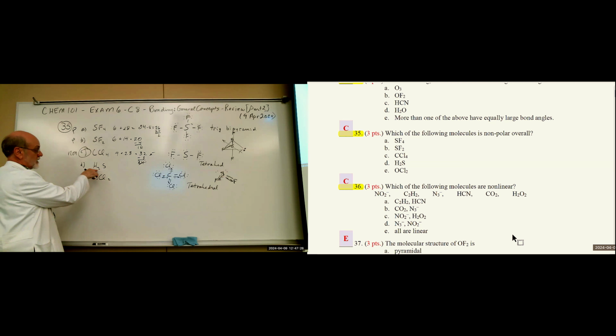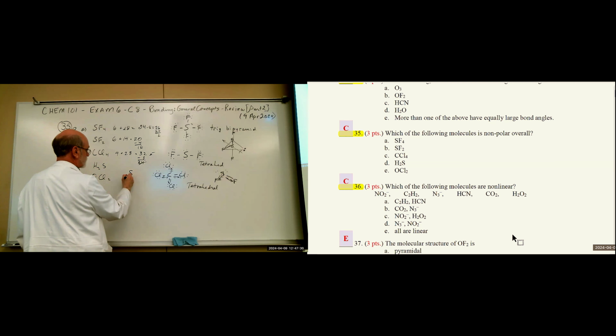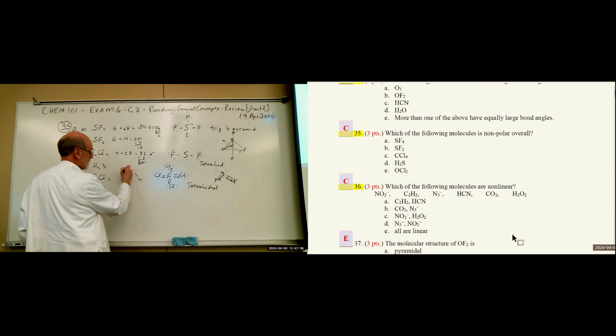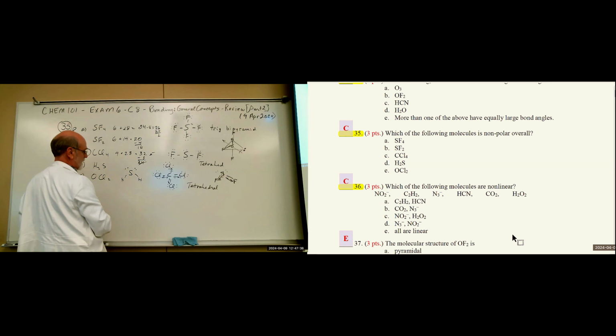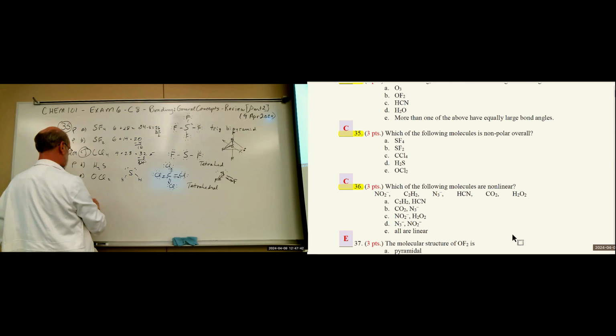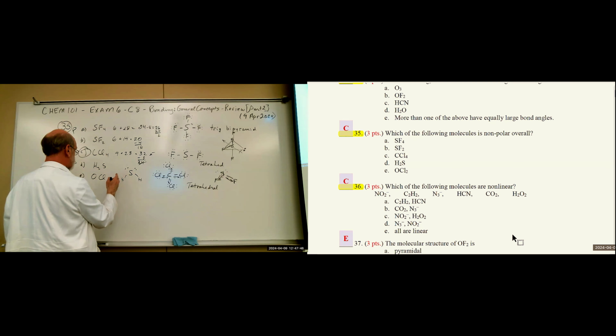We could look at the others. H2S is like water. Okay. S is right here under oxygen. It behaves the same way. Like that. So it's polar. And then OCl2, I think it's like this too.